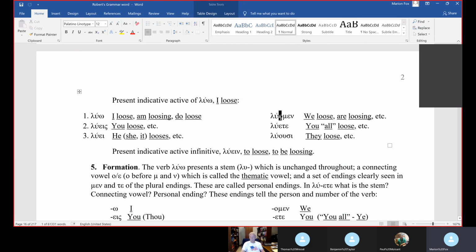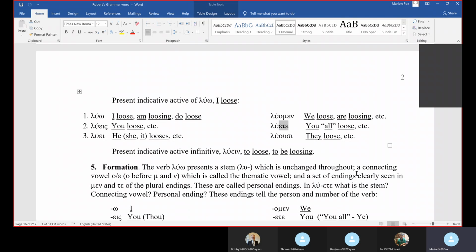Come over here to this ending. We have lu again, or stem. And if we take the ending of it, omen, the omen ending is first person plural. We loose. And so it would be plural, we loose. Go down below. Lu again, and that's your stem. And the ete ending is second person plural.